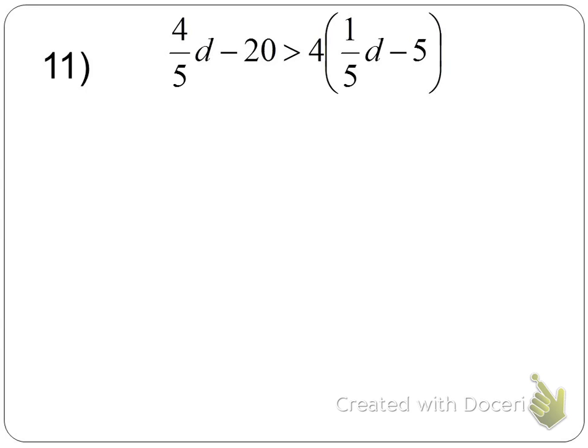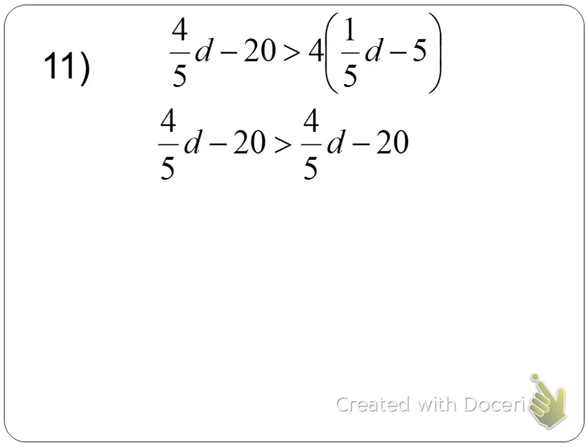Distribute. So the left side is just fine. I think you're going to get two sides that are the same, because when you multiply here, you multiply the 4 by the 1, you get 4 over 5. So it's going to be the same thing on both sides of the inequality symbol.